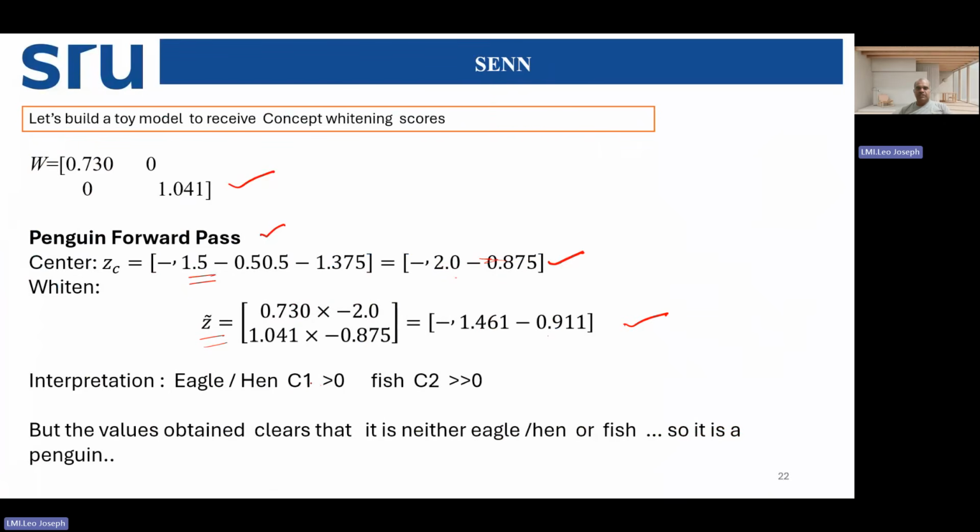C1 should be greater than 0. C2 should be very much higher than 0. But these two are not satisfying. This is strong negative. This is negligible. So the values obtained make it clear that it is neither eagle, hen, nor fish. So it is a penguin. This is what I already explained.